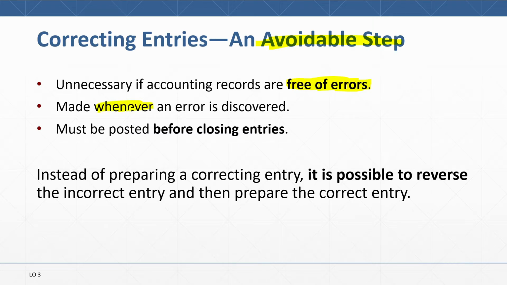Whenever we discover an error, we journalize a correcting entry. We do not wait until the end of the accounting period. And of course, you do all the corrections before you close your temporary accounts.